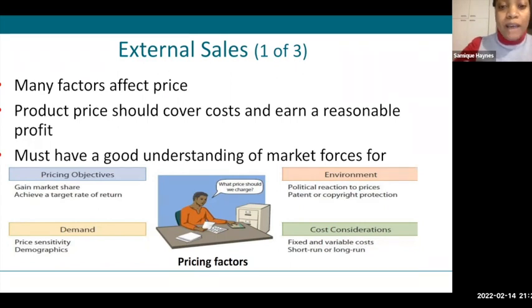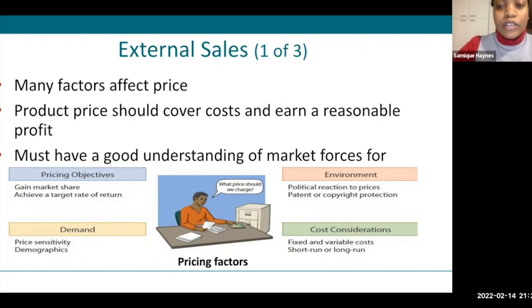We need to know about demand, so supply and demand. We have to look at the environment and how different political reactions can affect prices, or different patents or copyright protections on different products. And we also have to do some cost consideration, which is mostly what we're going to be looking at in this course.